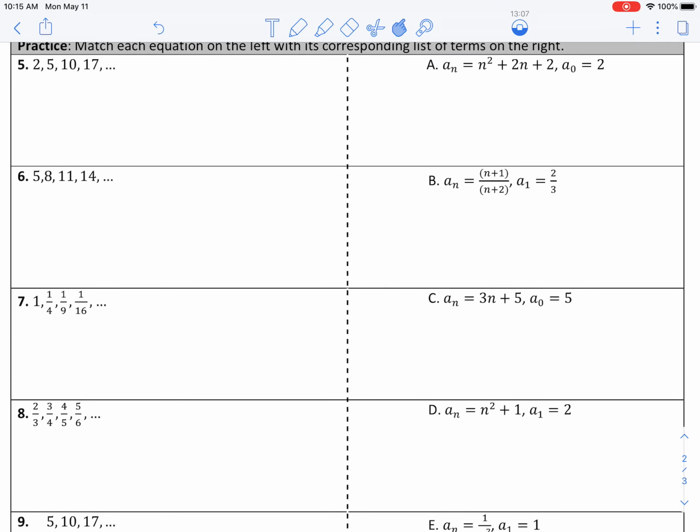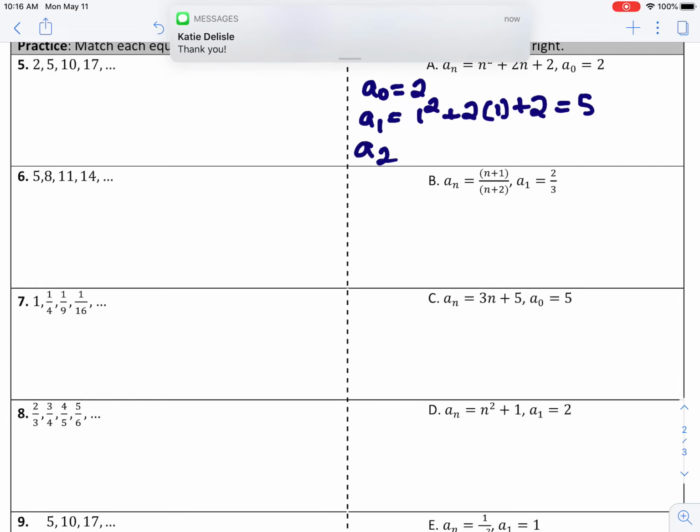To get you started, I'm going to look at equation A. Equation A says that a sub 0 equals 2, okay? And then for a sub 1, I would be plugging in 1 squared plus 2 times 1 plus 2, that would equal 5, okay?